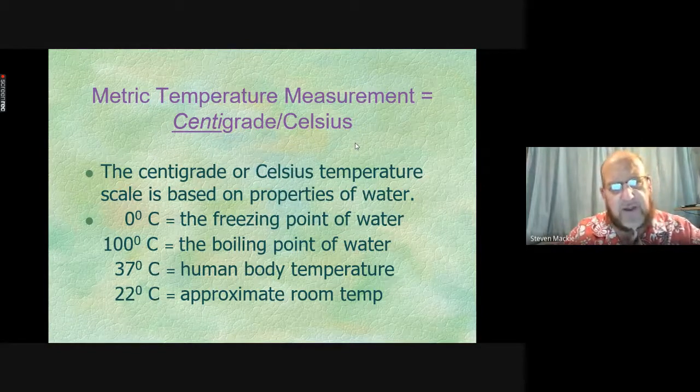But I feel like knowing these little factoids is important. I mean, especially that 0 degrees centigrade is the freezing point of water. 100 degrees centigrade is the boiling point of water.